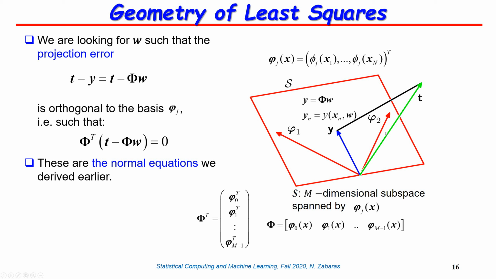They are the columns of the design matrix, and not to be confused with the vectors that correspond to the rows of the design matrix, which are of dimension equal to the number of the W's that you have in your problem, or the number of basis functions that you have in your problem.